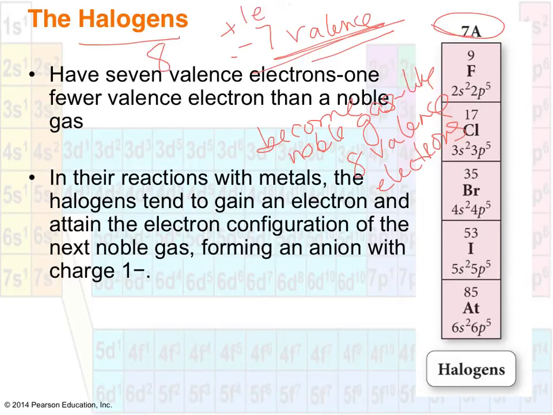I suppose they could lose the 7 valence electrons to get the lower energy level full, but it's a lot easier to gain 1 than to lose 7. So when the halogens chemically react, they tend to gain 1 electron and take on a charge of -1.